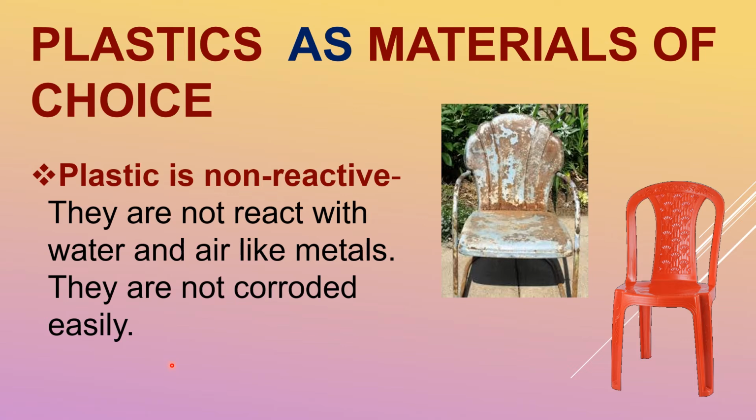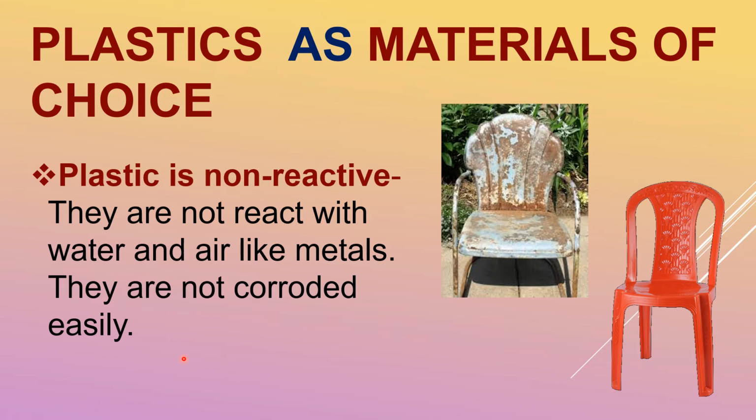So why are we choosing plastic as the material of choice? We have many materials like metal, glass, paper, wood, but why do we prefer plastic articles? There are three important points. The first point is that plastic is non-reactive.